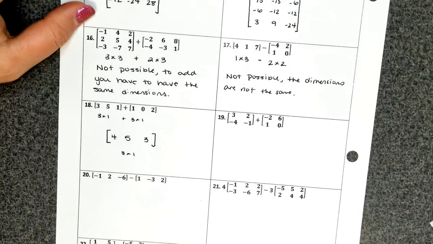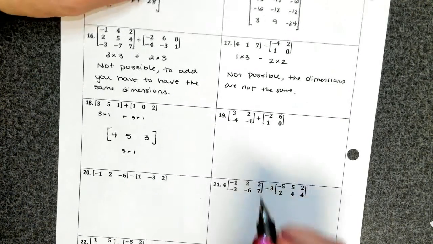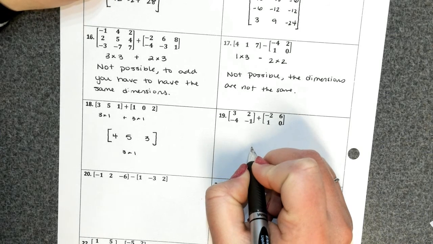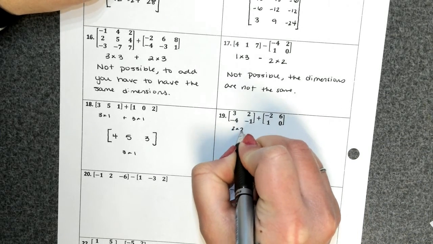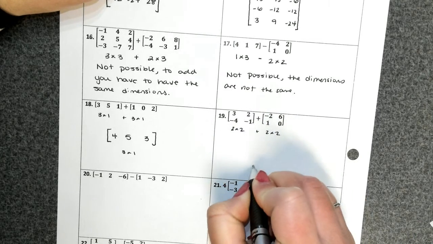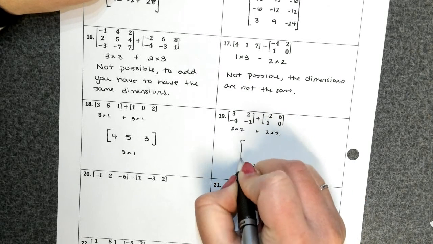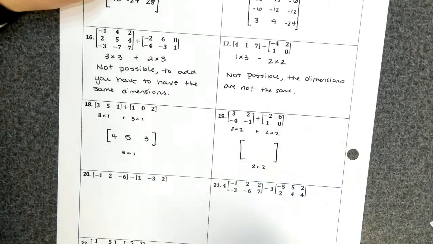Number 19, this one we are adding matrices. Number 9, what's my answer? What are the dimensions of my answer that's going to be here? A 2 by 2. So we have a 2 by 2 plus a 2 by 2 gives me a 2 by 2. How do I go about doing this one?